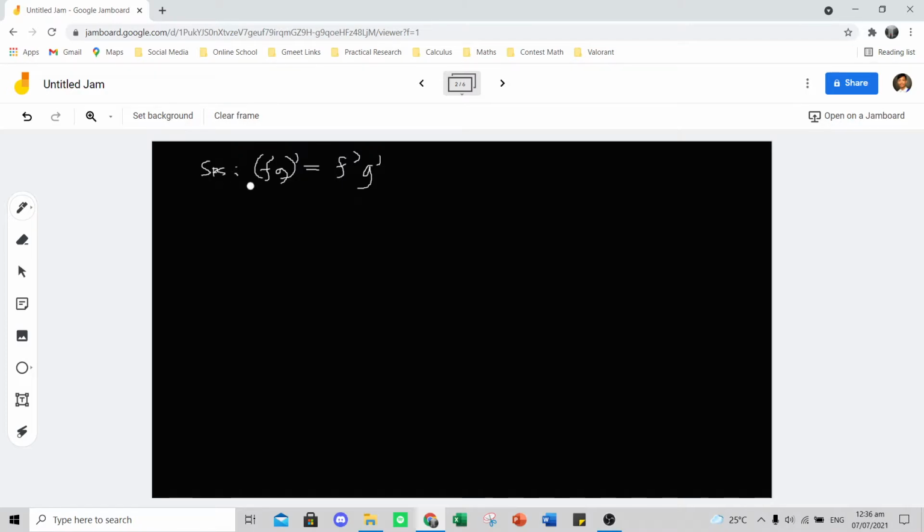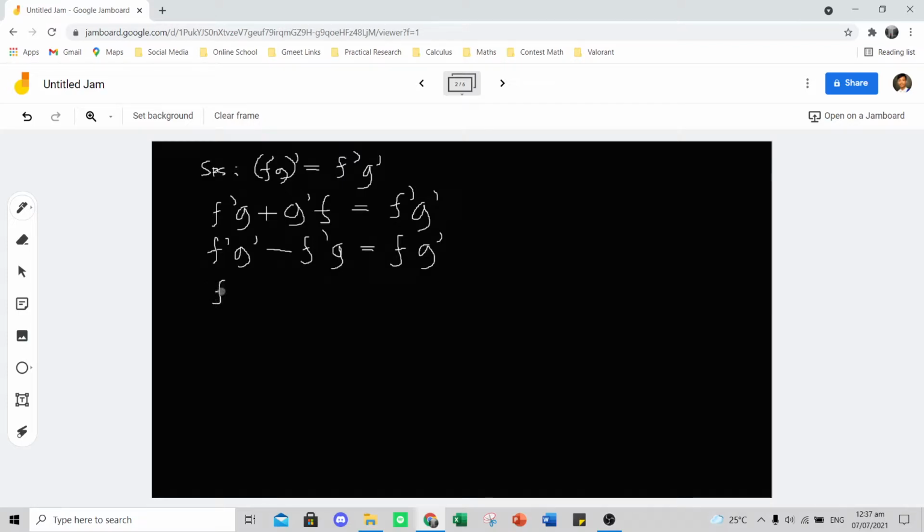By the product rule, the left hand side will be f prime g plus g prime f. That will be equal to f prime g prime. By algebraic manipulation, f prime g prime minus f prime g will be equal to f g prime.